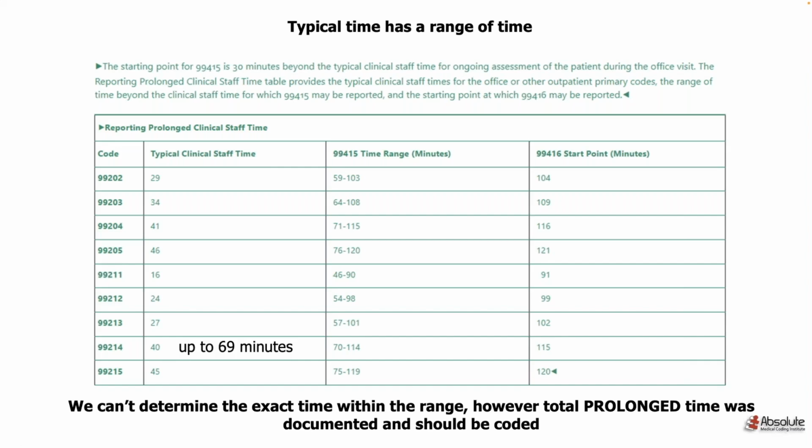Once you're over 69 and you're reaching 70, then you're in the prolonged time. So we can't determine the exact time within that range because it wasn't provided.